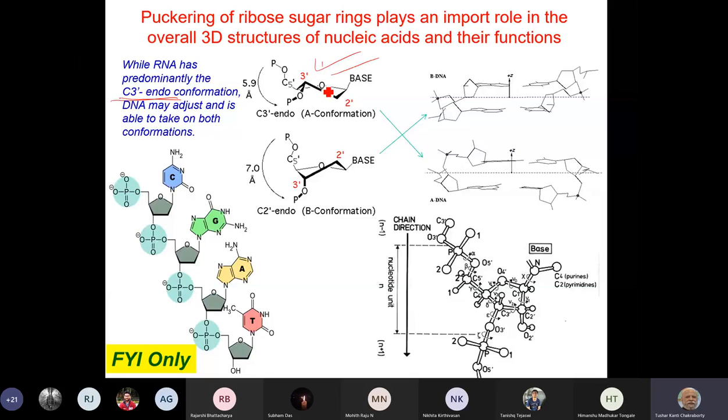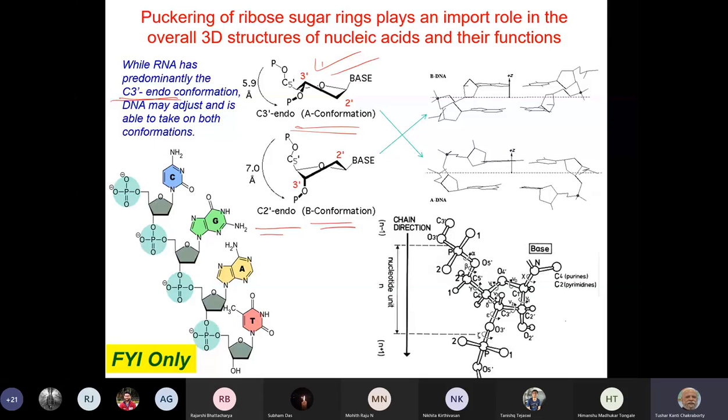This is the base; the nucleobase is attached. Then the 2' position, and you call this the 3' position. So 3' endo is this conformation, and this is C2' endo, which is sometimes called the B conformation. As I said, RNA is C3' endo, while DNA is more adjustable and is able to take both conformations.